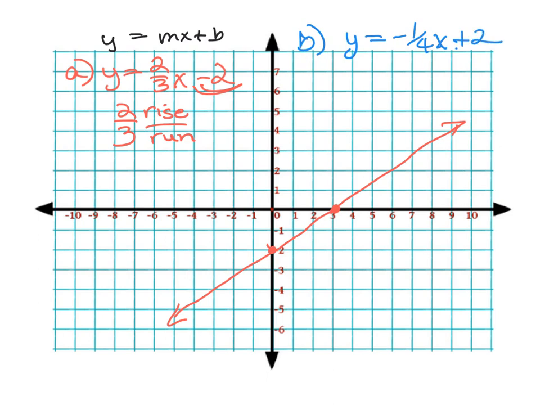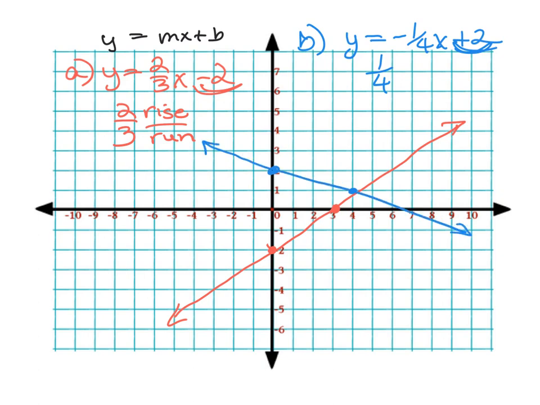So again, here is my beginning point, positive 2 on the y-axis. Notice my slope is negative. So when my slope is negative, I'm going to go down and to the right. So down 1 and to the right 4. And then I can connect my points.